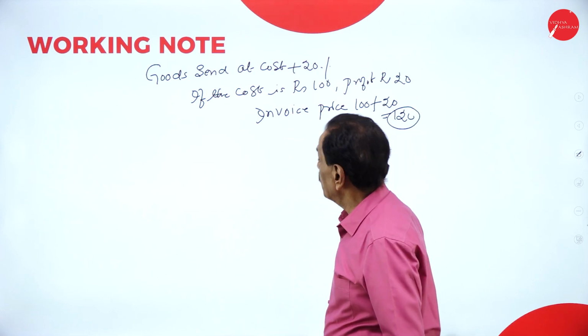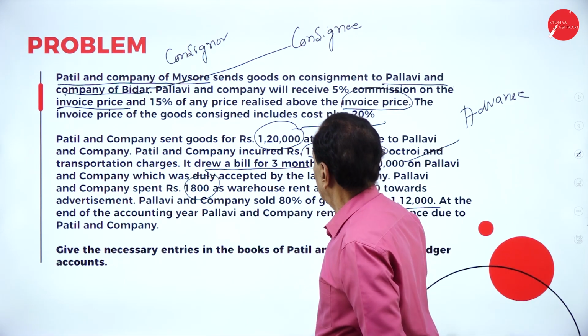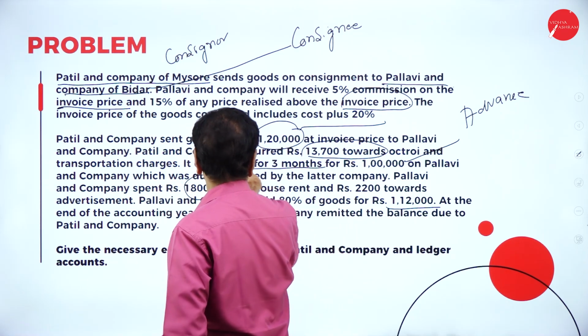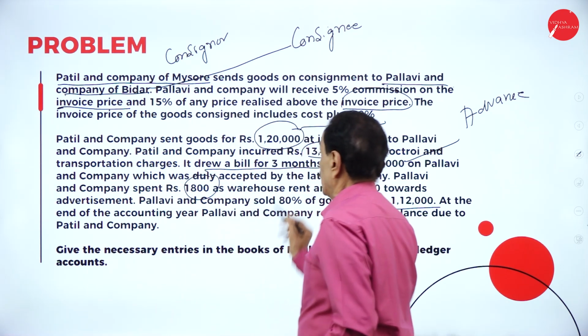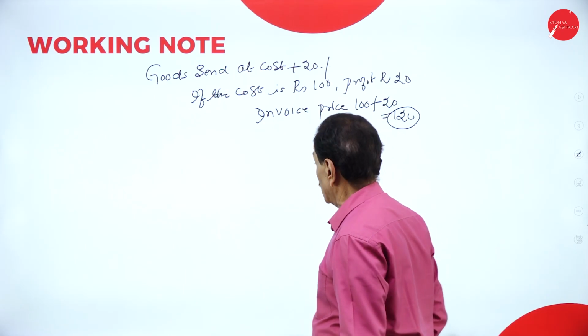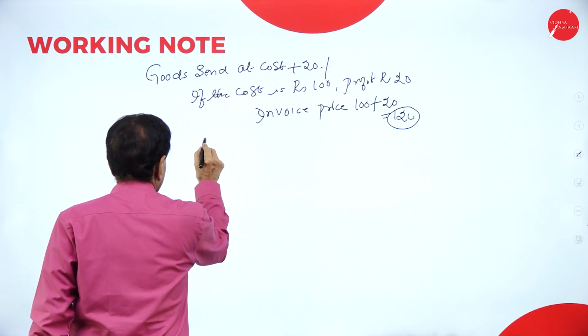Here, see the problem. Patil sent goods for 1,20,000 at invoice price. So 1,20,000 goods sent.